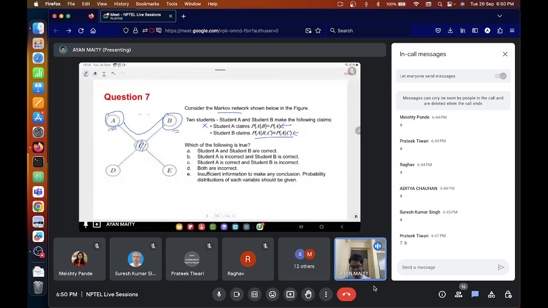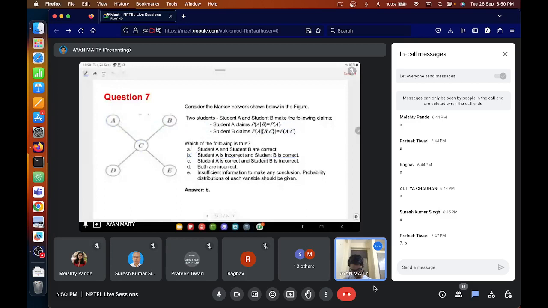So if C is given, C blocks that path from A to B. As C blocks that path, there is no path from A to B anymore, so in that case A and B are conditionally independent. So this is what the second claim is, that A and B are conditionally independent given C. So second claim is right. So correct answer would be option B. Student A is incorrect, student B is correct. Yes, option B is the correct answer.